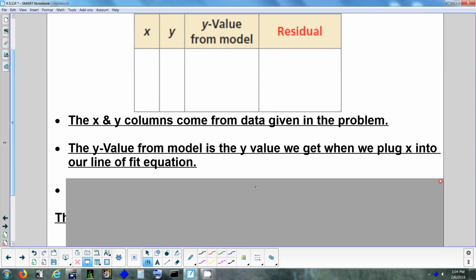So the way you're going to calculate it is you're going to plug into an equation. We've got to figure that equation out, or they might give it to us.